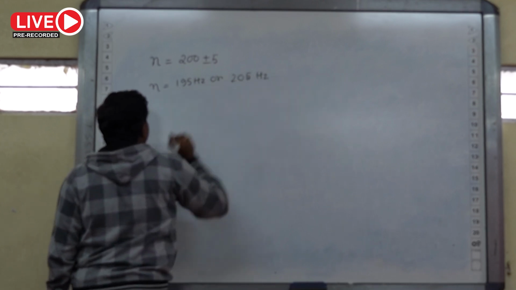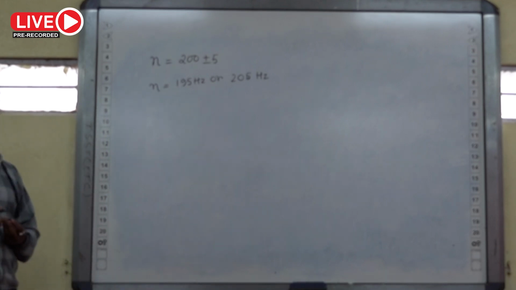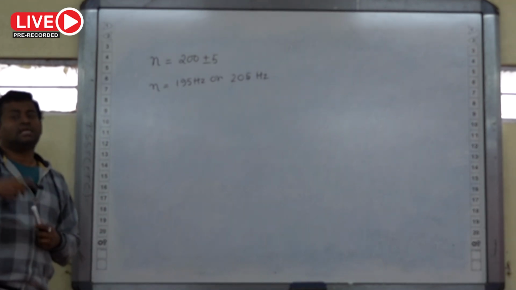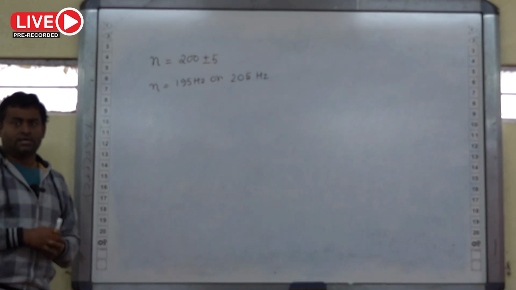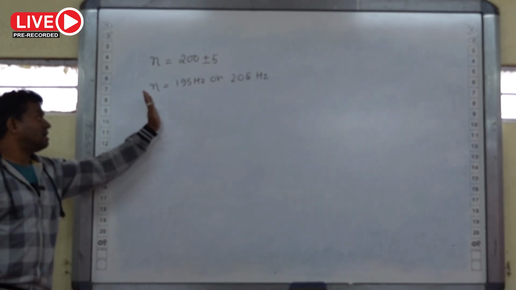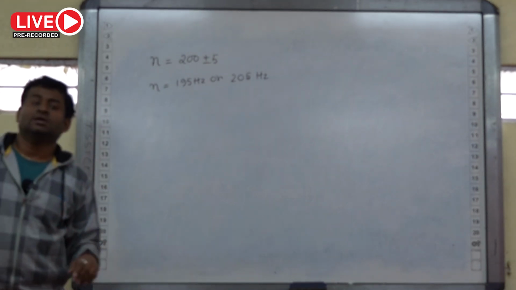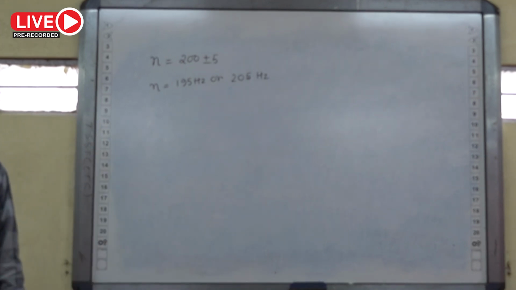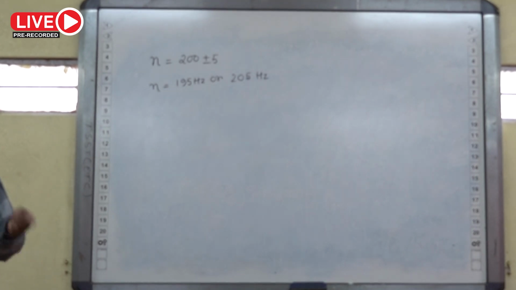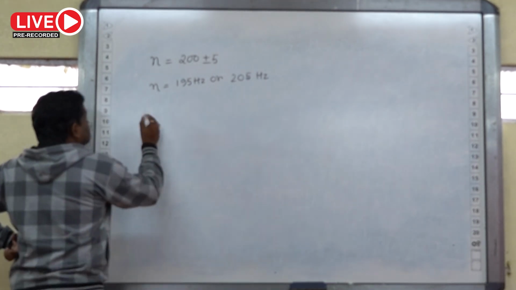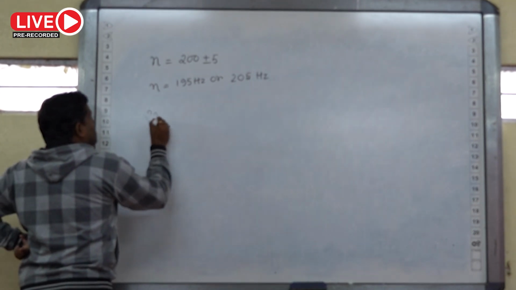But we cannot decide from that what the value of N is. For that, the next set of information is required. The open organ pipe's second mode of vibration is 2N. If it were closed, it would be 3N.